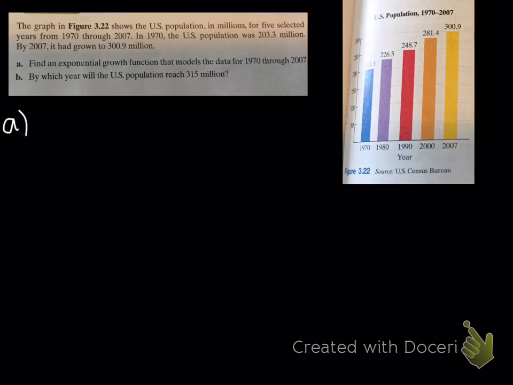So for letter A, again, we're going to use this information to create our equation. So I know my ending value is the 300.9. I know my starting value is 203.3. E is part of the equation.